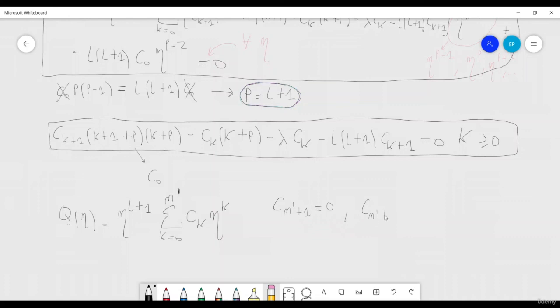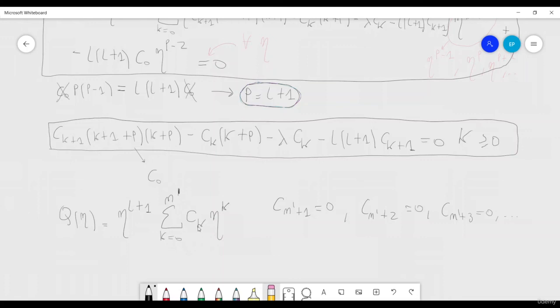C sub n prime plus 2 would be equal to 0, and c sub n prime plus 3 equal to 0, and so on and so forth. I can write it like this. And therefore, there should exist some integer n prime such that our summation will be truncated after that.